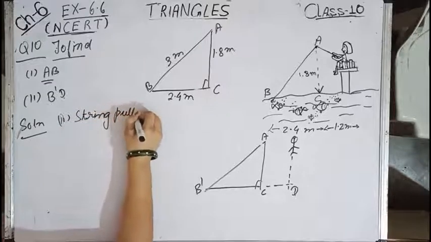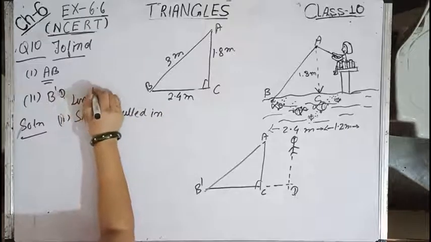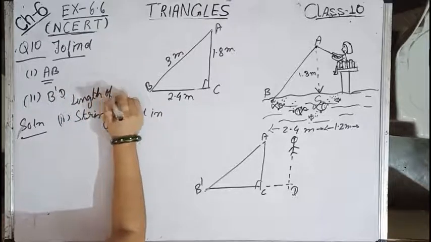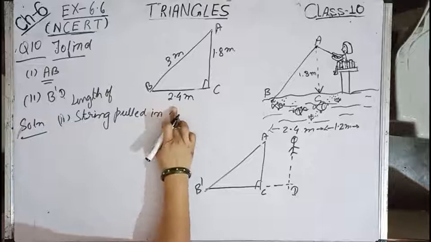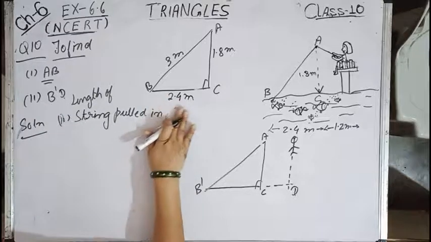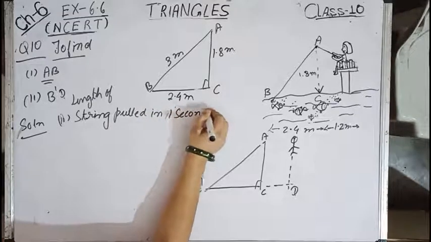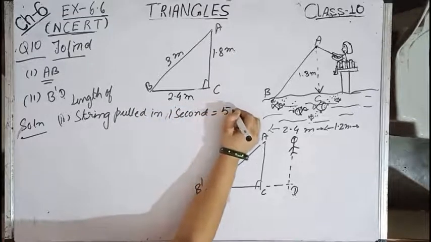So string pulled in, or length of string pulled in, in how much time? In 1 second, it equals 5 centimeter.